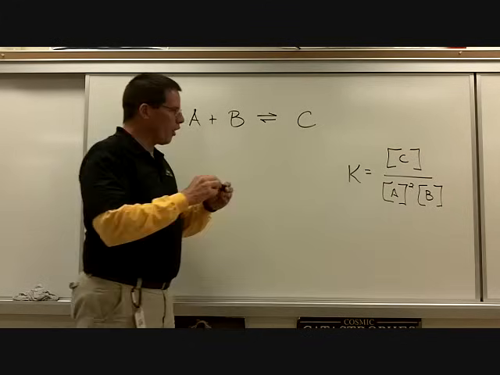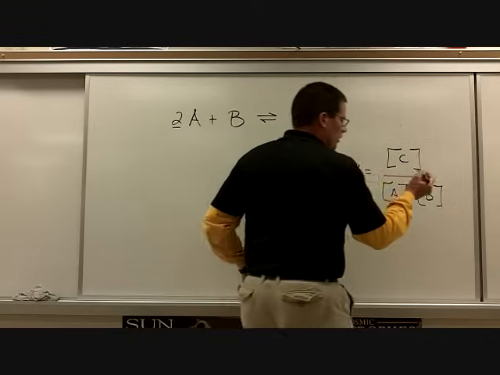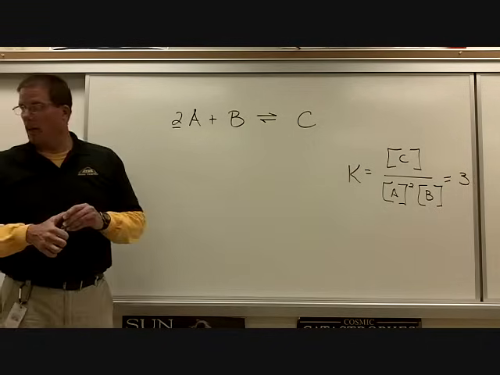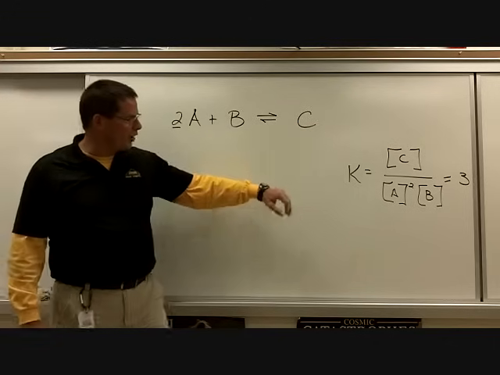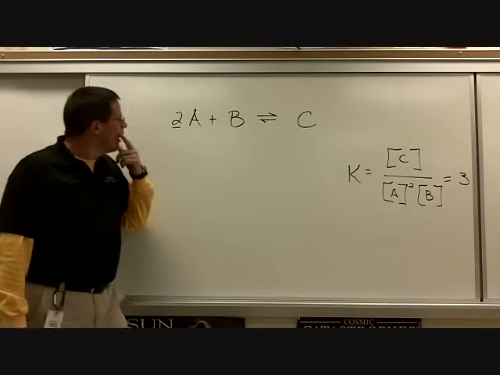So there's our equilibrium expression. Let's say that the value is 3 for whatever reason. We have our reactants on this side, we have our products on this side, which means we have our products over reactants.